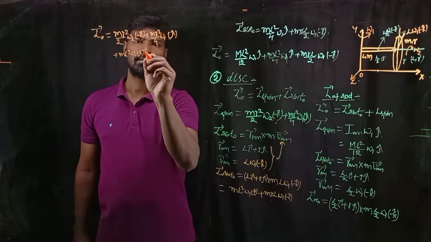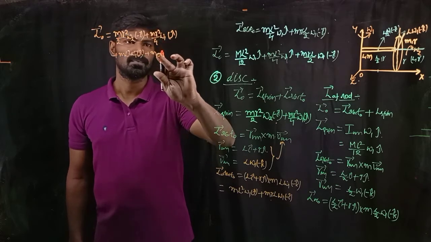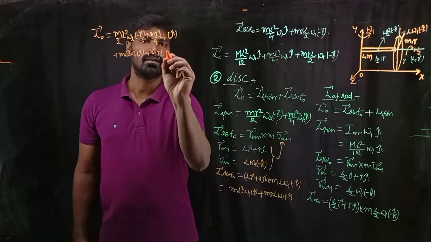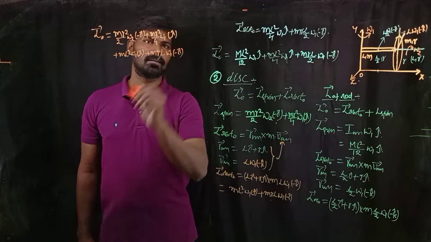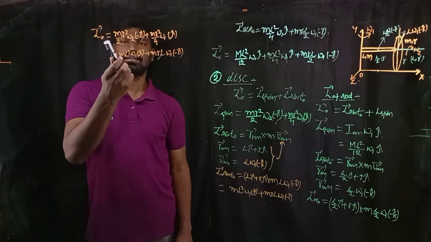Next, plus M R L omega 1, which is pointed in minus I cap direction. Okay, this is the total angular momentum of the disk about O.